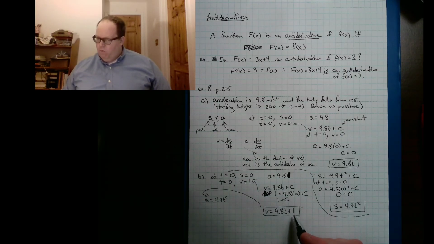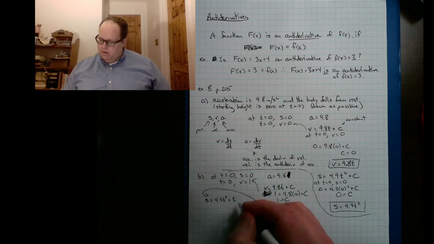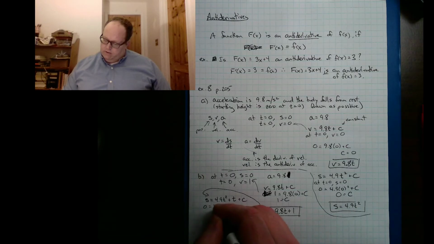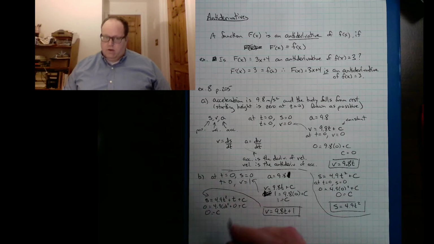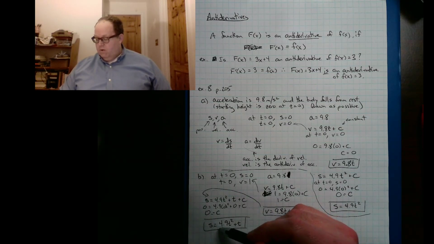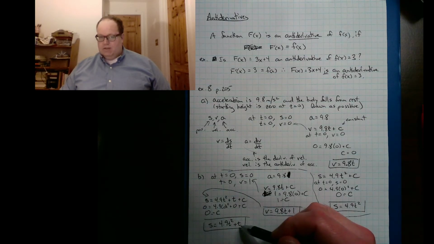The antiderivative of 1 would be t, and then I have another constant stuck out on the end, but at t equals 0, s equals 0, so 0 equals 4.9 times 0 squared plus 0 plus c, or c equals 0, and my position is given as 4.9t squared plus t. Or if you like, 1/2 acceleration times delta t squared plus initial velocity times delta t.